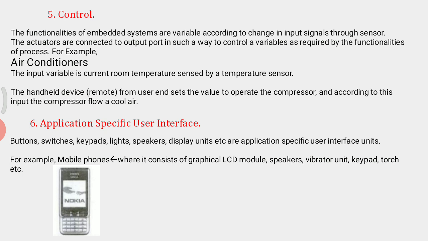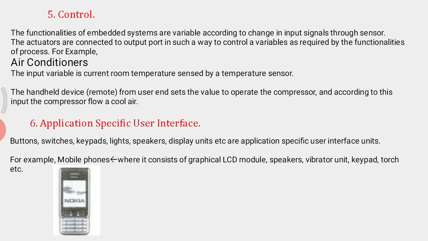The input variable is the current room temperature sensed by a temperature sensor. There is a temperature sensor inside an AC, which is always sensing the room temperature, and the room temperature will not be constant.